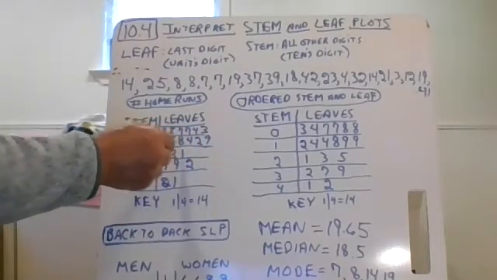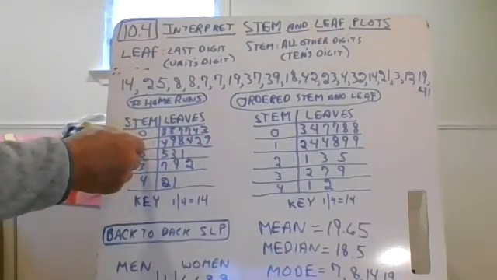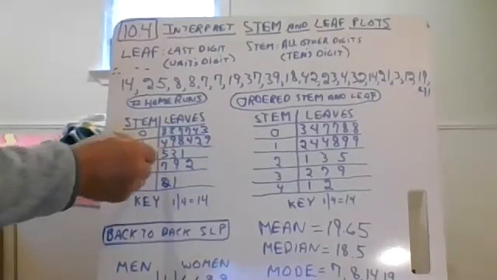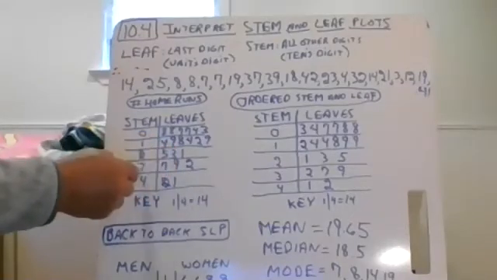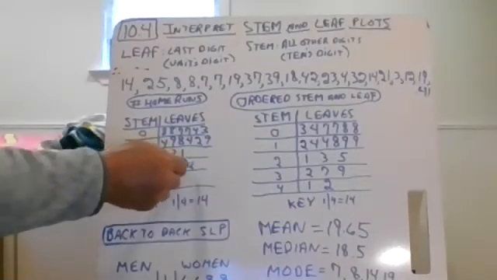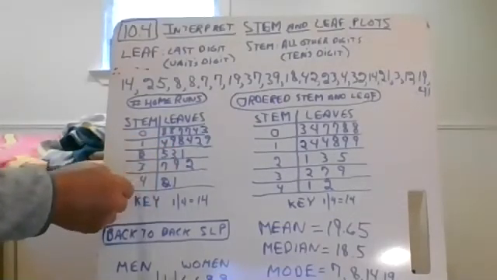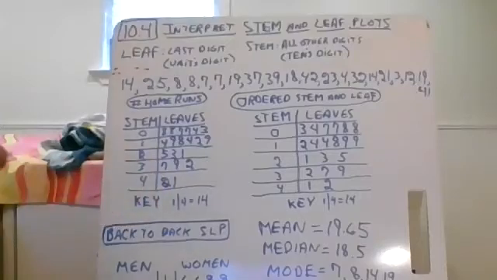Those are the teen values. 25, 23, 21, 37, 39, 32, 42, and 41. Those are the 20 values that we have. That is a stem and leaf plot. Pretty straightforward. Write the stems, then connect them with the leaves.